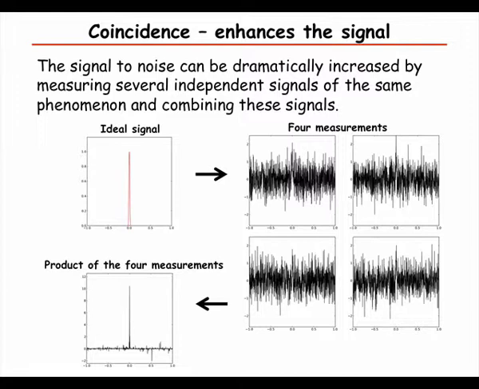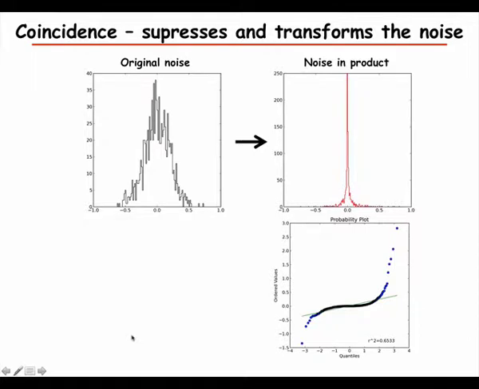But you see the background here now looks very strange. It's definitely not normally distributed like here. So you see, you have these big outliers. So that's something one has to definitely think about. This is the original noise, and then you see the noise of the product will have these very large tails, and also in the probability plot it has a large deviation from the line.